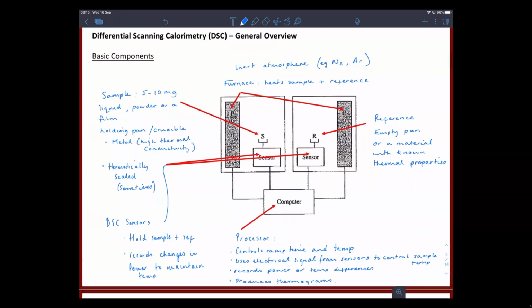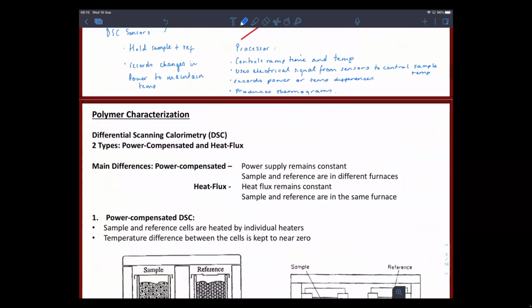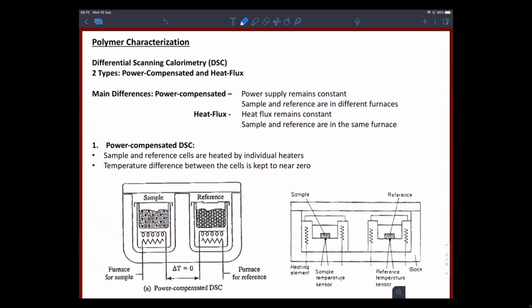Okay, so that gives you an idea of what they're made up of. There are two main types of differential scanning calorimetry instruments. The first type, which we'll go through, is a power compensated, and the second is a heat flux. The main difference is that in the power compensated, the power supply remains constant, and the sample and reference are in different furnaces.